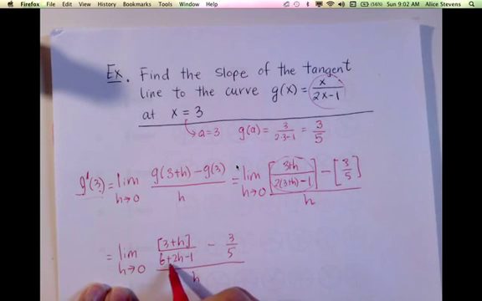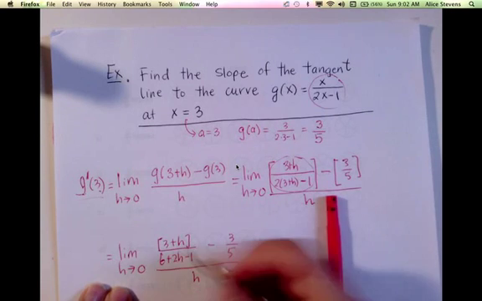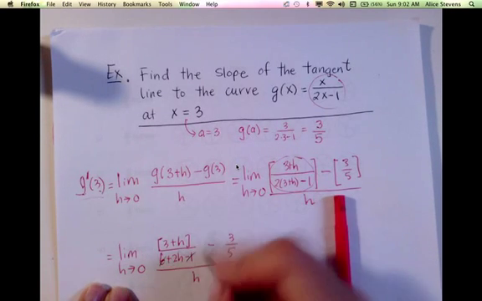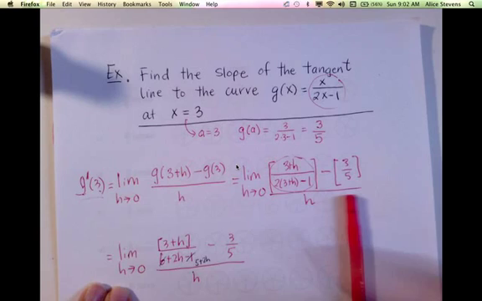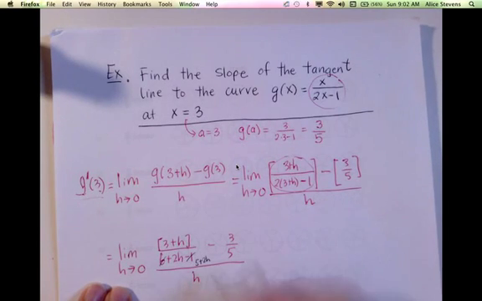And this I could just write as 5 plus 2h, right? So this is 5 plus 2h.